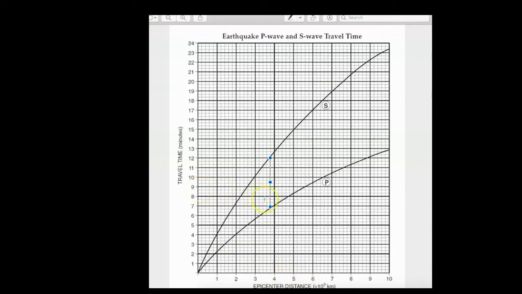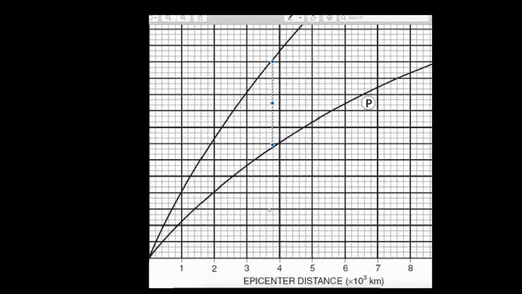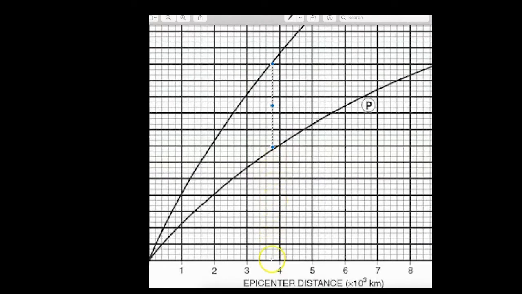We're looking at really the speed of the P wave and the speed of the S wave. But we want to figure out how far we are from the earthquake with a lag time of 5 minutes. So I'm going to place this lag time of 5 minutes in an area on the graph where it's going to fit between S and P, and then I'm going to scroll down to where that lines up to the epicenter distance.